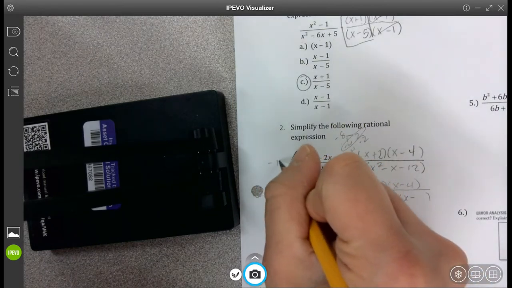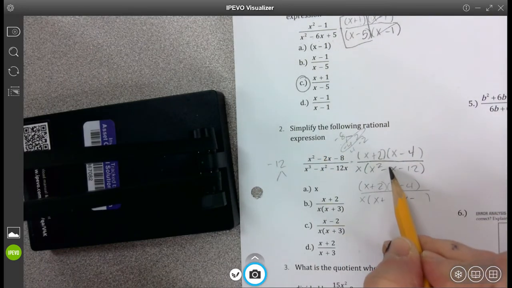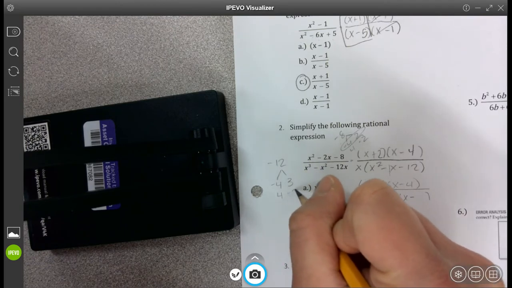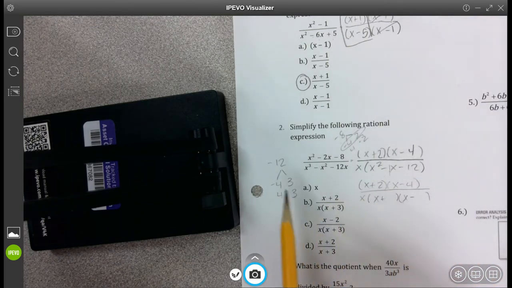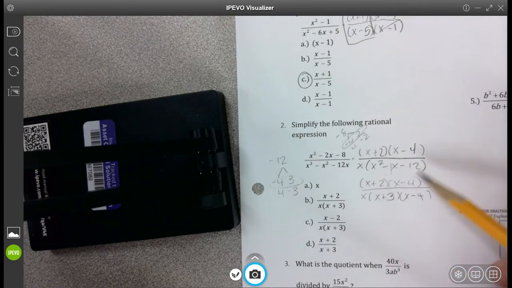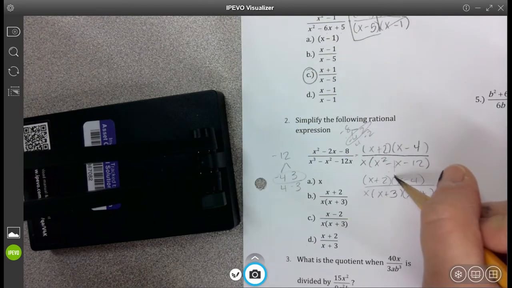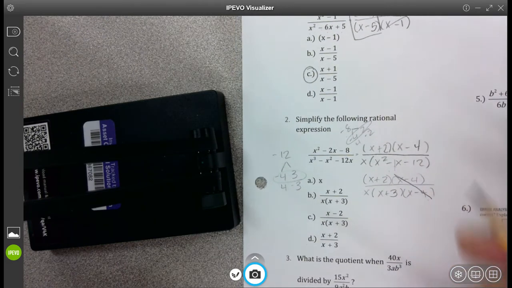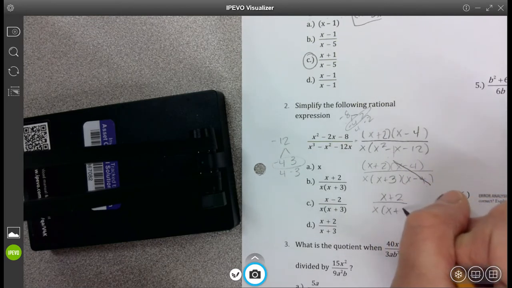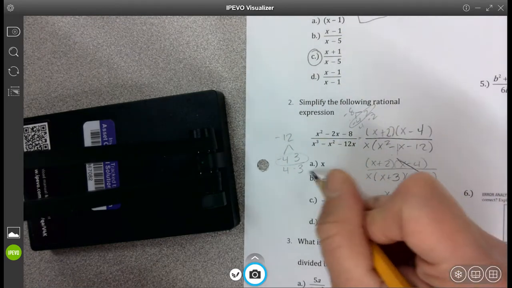Factors of -12 that give you -1 is a -4 and a 3 and a 4 and a -3. Which one gives you -1? This one. And most likely it's going to be the ones where they can have something simplify. If nothing simplifies, something's probably off in your factoring. So if nothing reduces, go back and look at how you factored. And that's your answer.